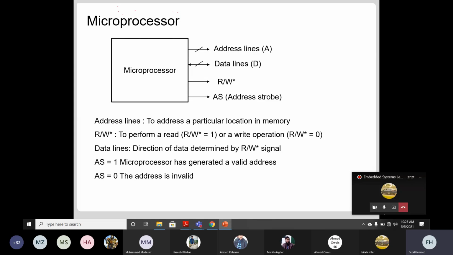When does the microprocessor generate a valid address? When should it generate a valid address?